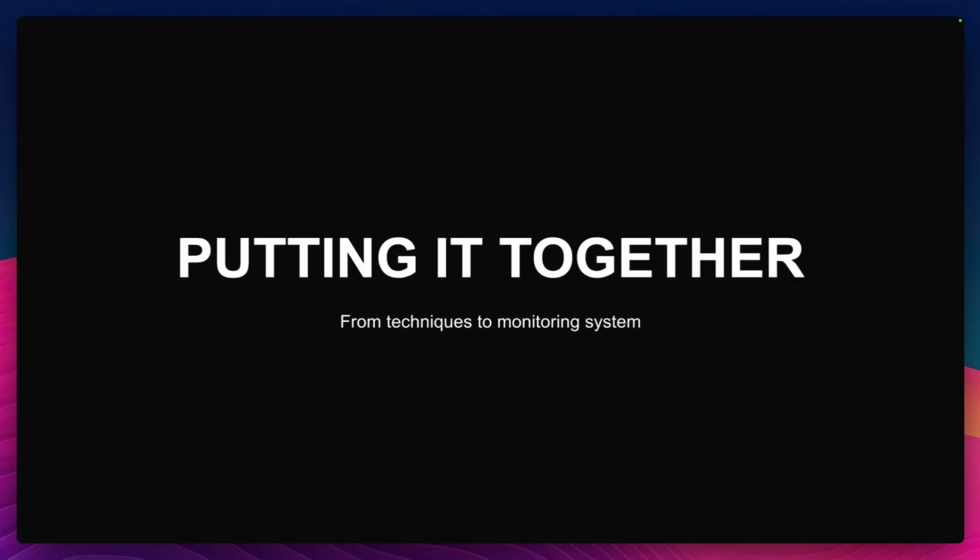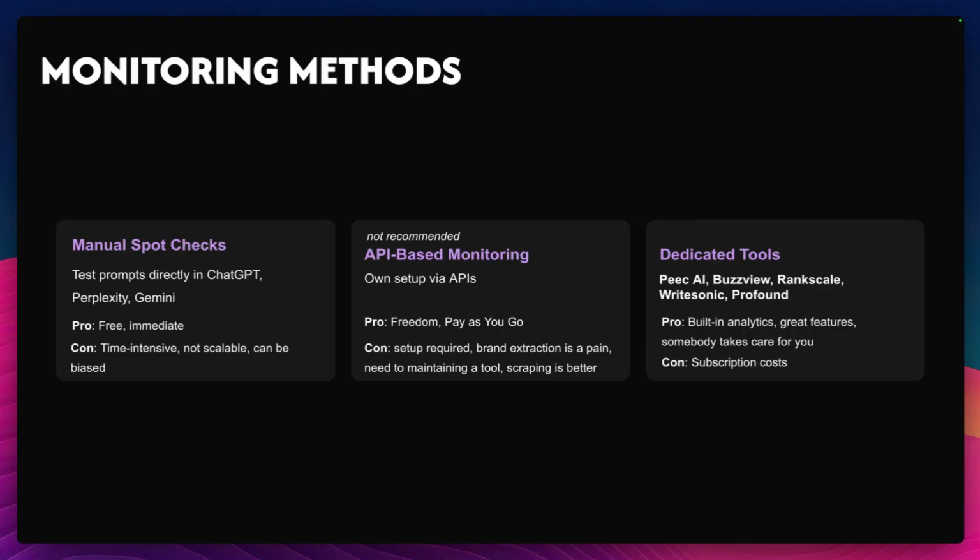Now, putting it together, the monitoring methods are, as I just said, you could do spot checks in the systems. You could just test your prompts, but if you do, please use incognito mode, because with most tools you have the option to either not log in or to use incognito.